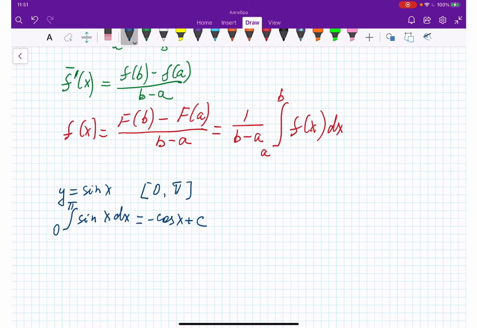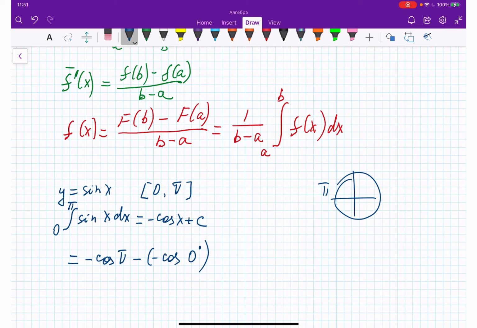So which means it's going to be equal negative cosine pi minus negative cosine 0 degrees, right? Okay, cosine pi, where is our pi? This is our pi, this is 0. Cosine pi is going to be negative 1, right? With this negative in front, we have positive 1.